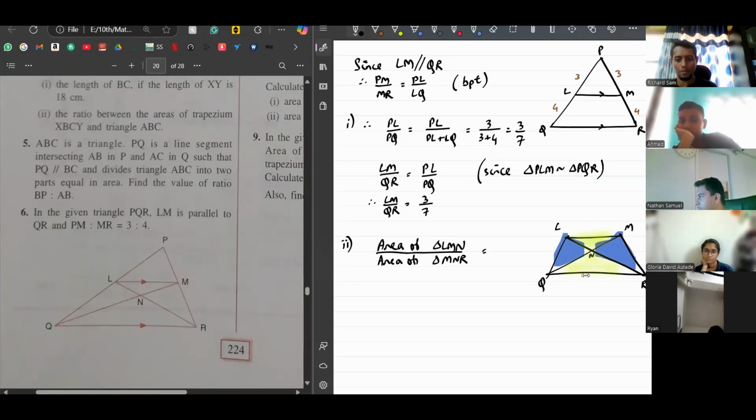Okay, what else? These two triangles, are they similar? How do we show? Okay, vertically opposite. Anything else? Angle Q and angle M, are they equal?